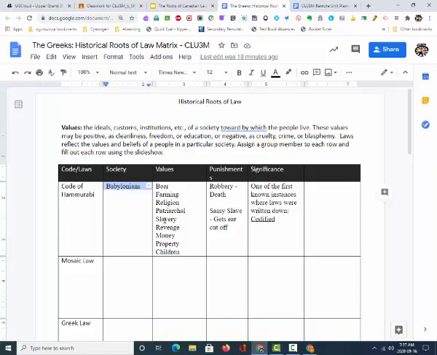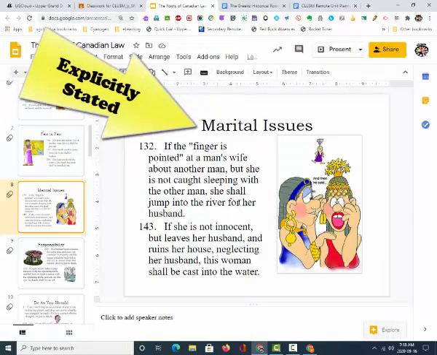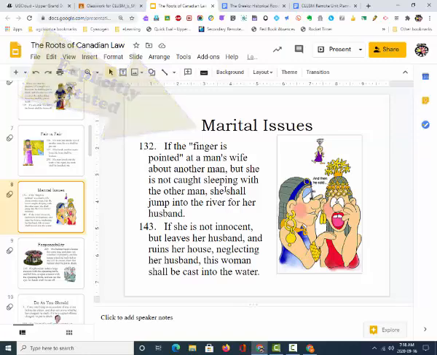The first value, which is explicitly stated in the Roots of Law, an example of an explicit law or an explicit value is marriage. You can see here that 2 of the entries in the code specifically relate to marital issues, or a husband and wife as being the parts of a marriage.